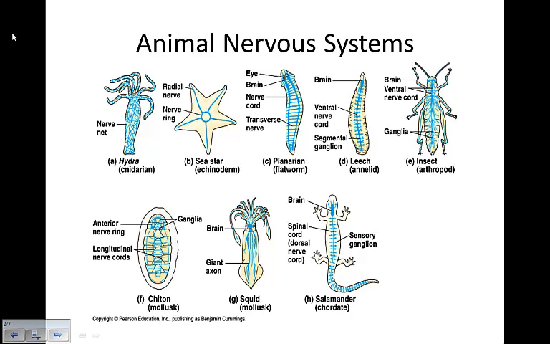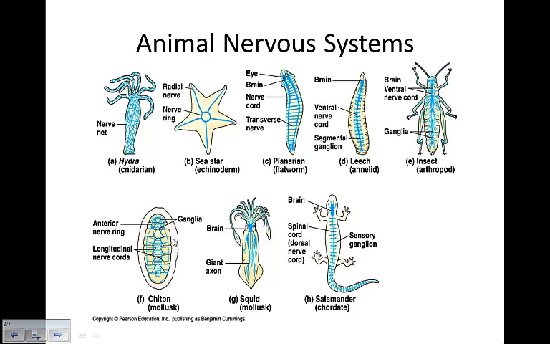When we look at the nerve net in what we call cnidarians, cnidarians have these stinging tentacles here, and they have a nerve net, so they don't have a brain. So you can see as we go along in the nervous system of the different animals, planarian, and then leeches, insects.